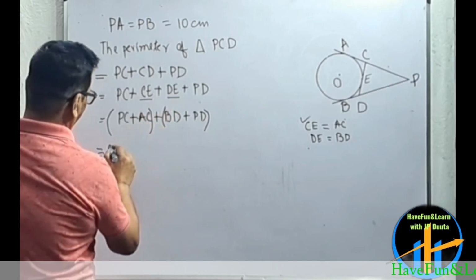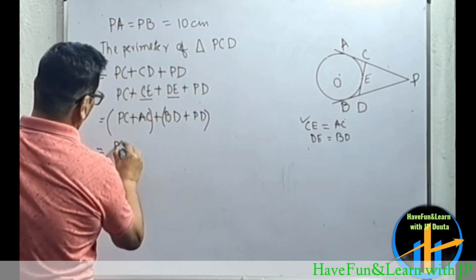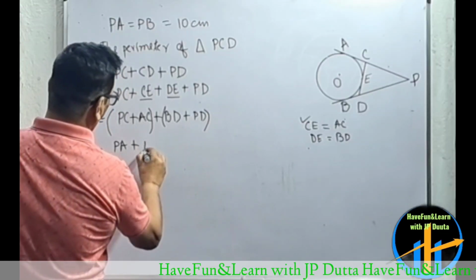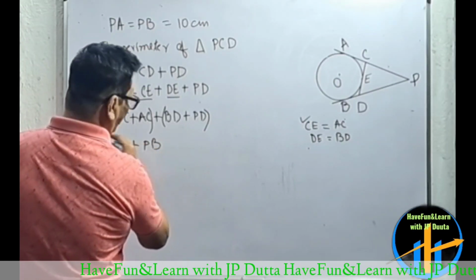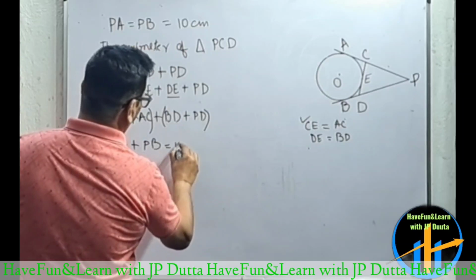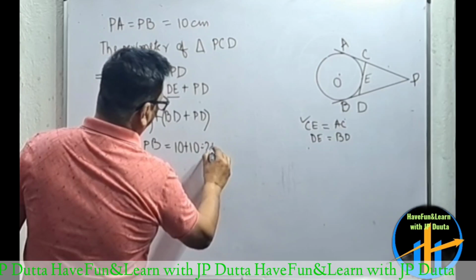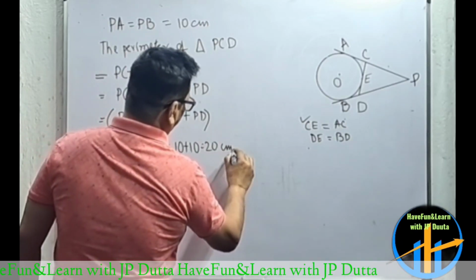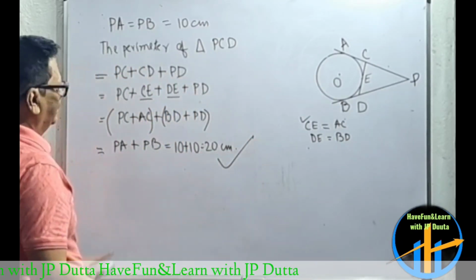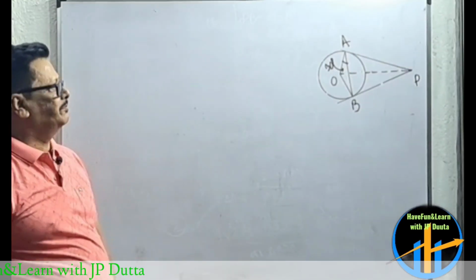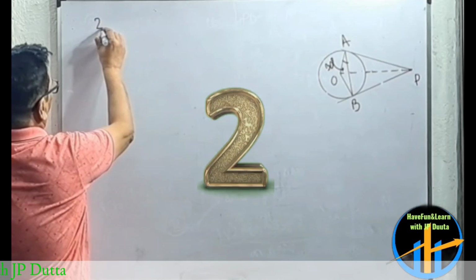PC plus AC is equal to PA, plus BD plus PD is equal to PB, and we know these values, that is equal to 10 plus 10 is equal to 20 centimeters. So that is how you do the first question.